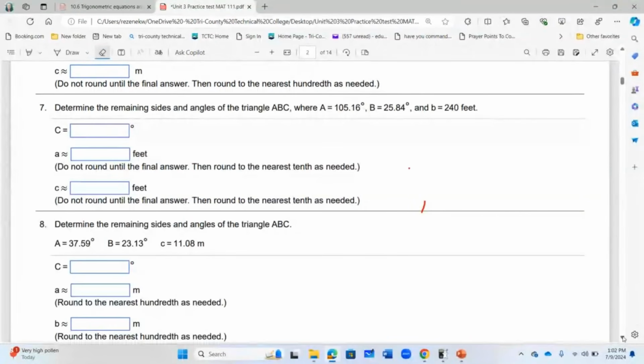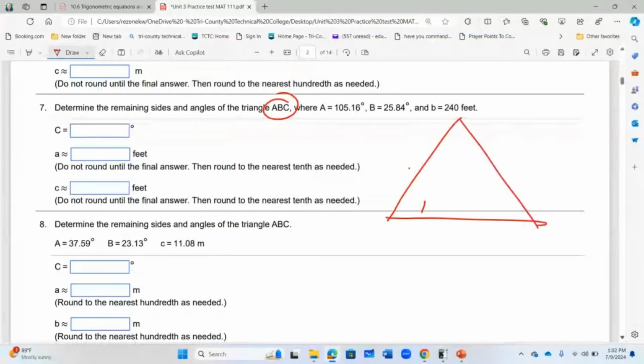Determine the remaining sides and angles of the triangle where A is equal to that, B is equal to that. Do not draw the triangle to scale; this is a sketch.